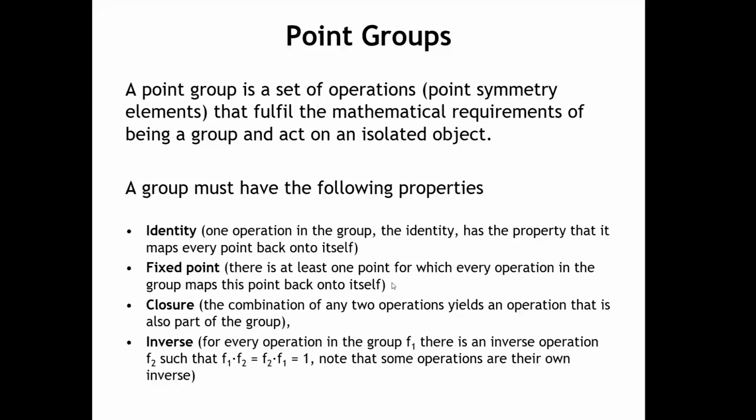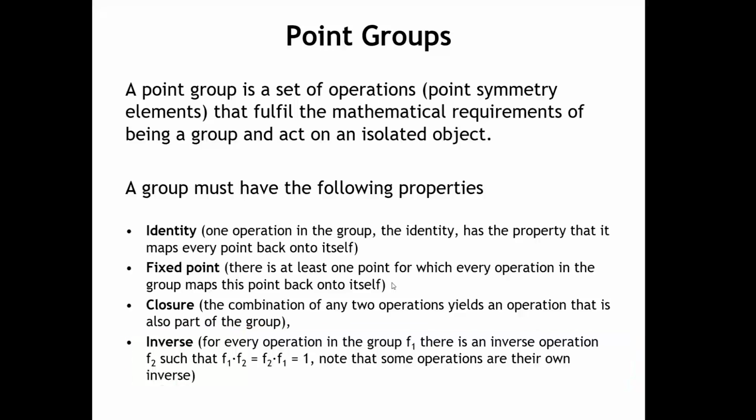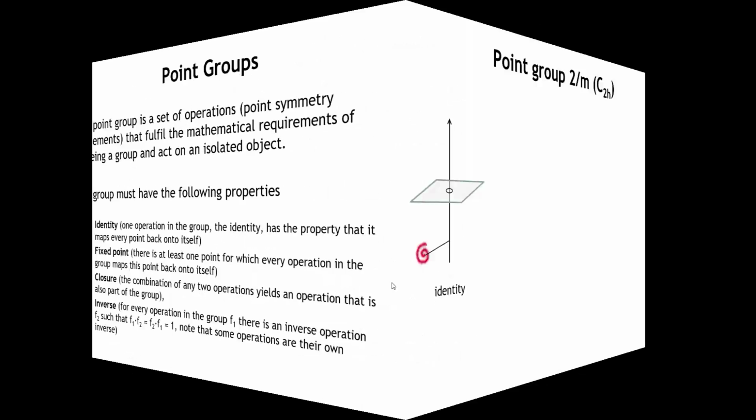And then finally, every operation in the group must have an inverse operation that takes the object back to the way it was before. And in some cases, we'll see that certain operations, like a mirror plane, might be its own inverse.